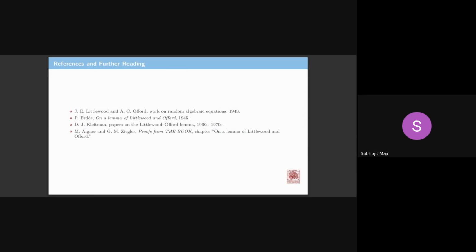And there's another book, Aigner and Ziegler, Proofs from THE BOOK. There's a chapter in it on a lemma of Littlewood and Offord. This book generally has a lot of interesting topics and lemmas to see. A very clean and well-written book. You can read this book also.